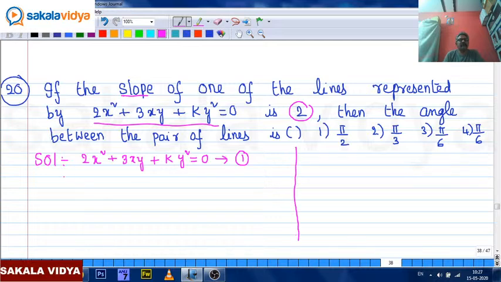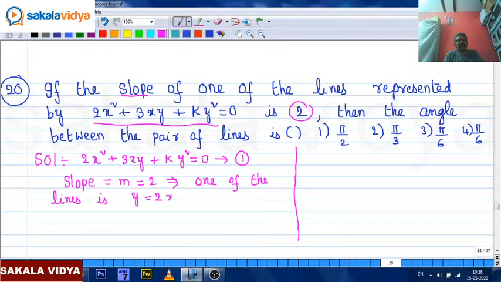Leave it first. Slope of one of the lines m is equal to 2. So one of the lines we need to say is y = mx, y = 2x. So put x = 1, y = 2 in equation 1 so as to get the k value.